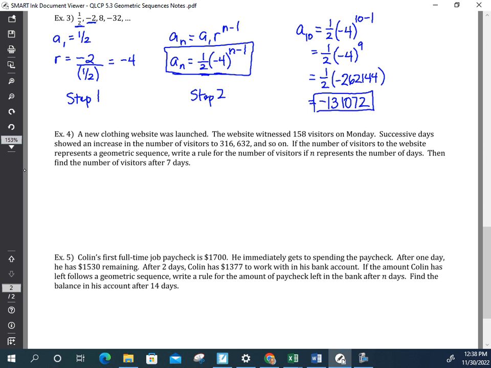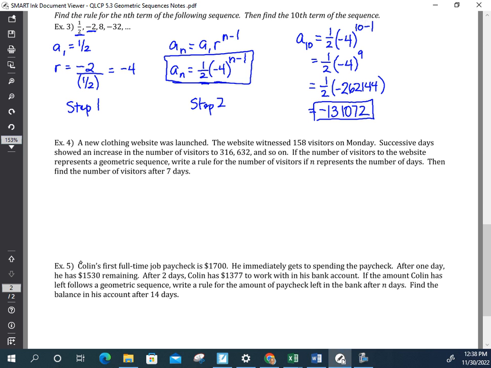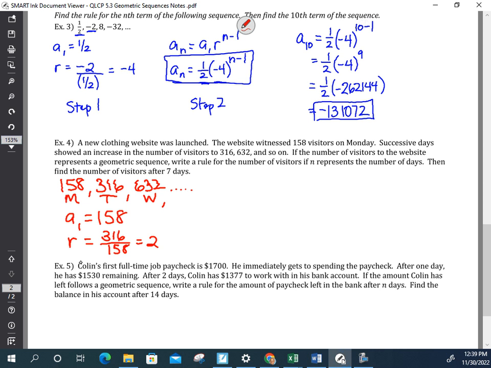So first you read the problem. You'll see that there's 158 on Monday, followed by 316 on Tuesday, and 632 on Wednesday, and so on and so forth. So if you write out the problem, then your first term is 158, and your R value is 316 divided by 158, which is 2.